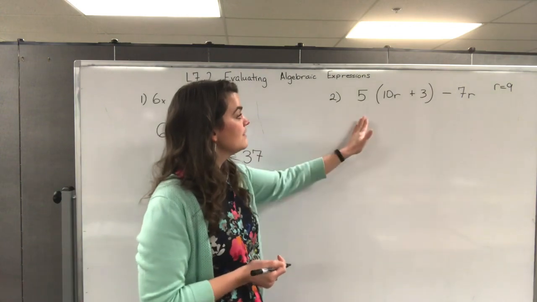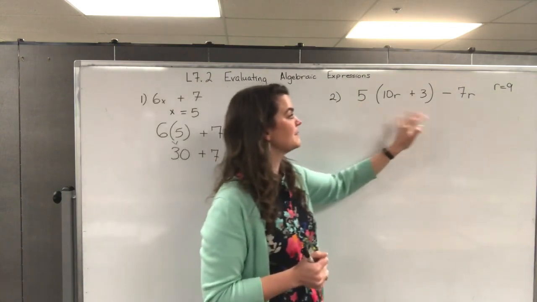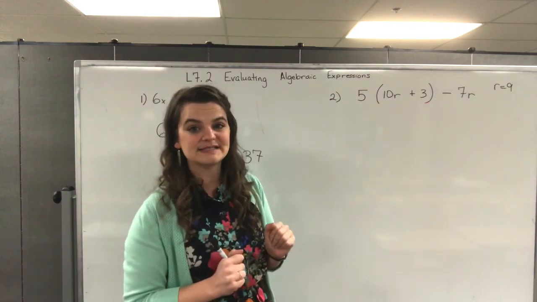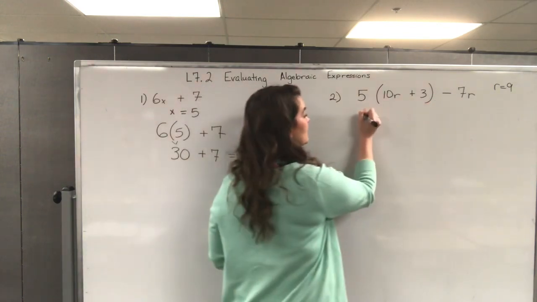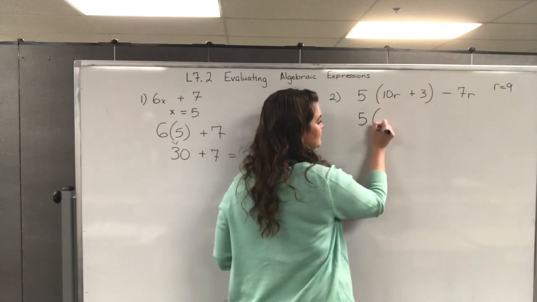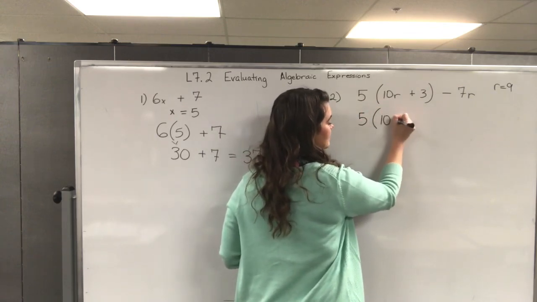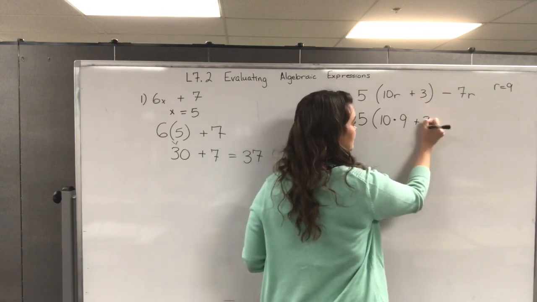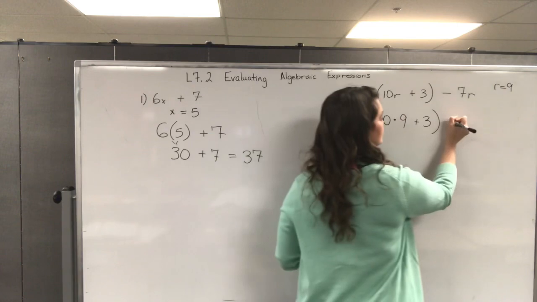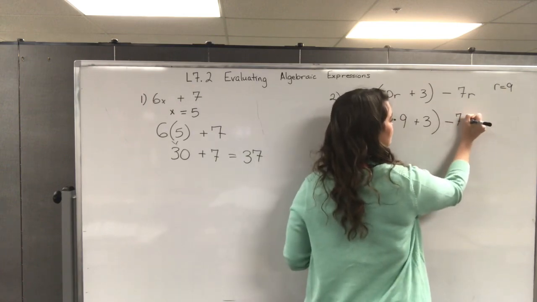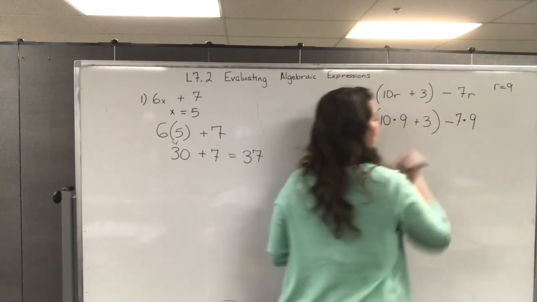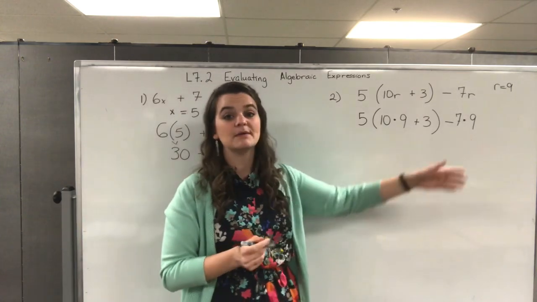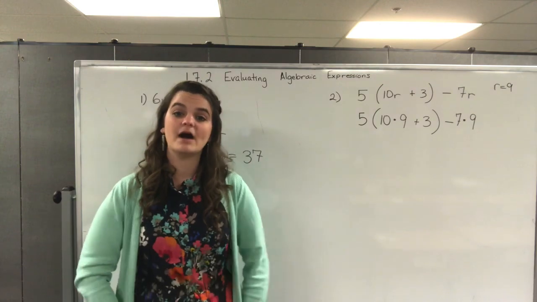So number 2, our first step is to replace the r, the variable, with the number that we're substituting it in for. And we're going to rewrite everything else. 5 times, parentheses, 10 times 9 plus 3, close parentheses, minus 7 times 9. Okay, so we've rewritten it out. Now we need to do our order of operations.